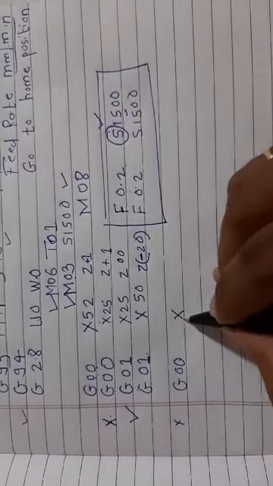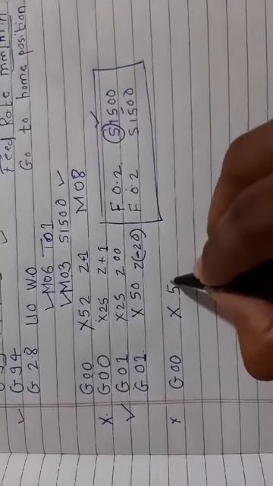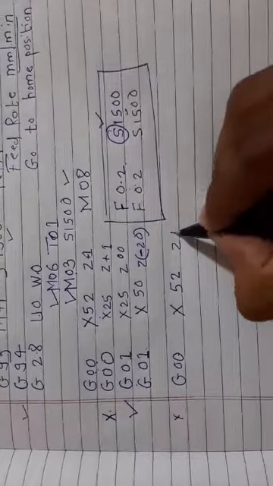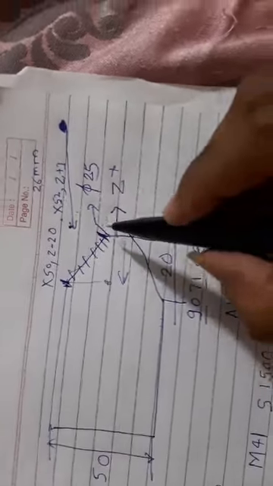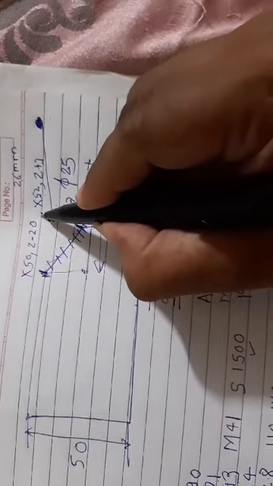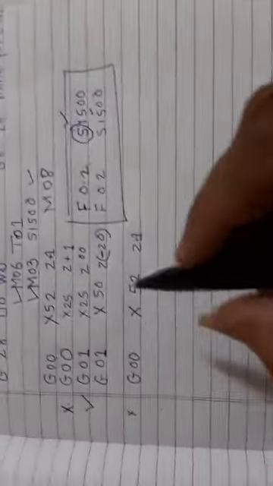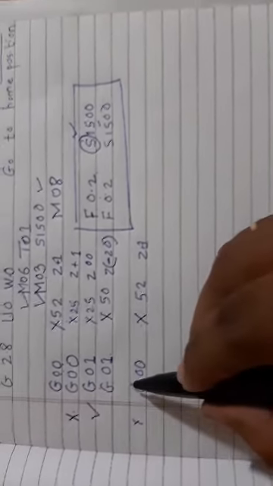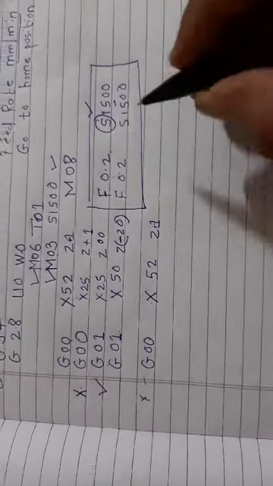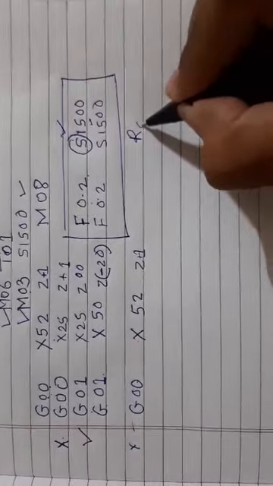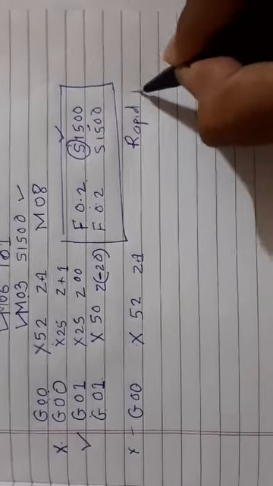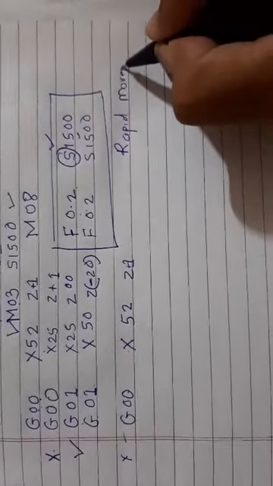Once again I will write X52 and Z plus 1. So once again the tool is at this position, it is just near to the workpiece. Now this is what a rapid movement of the tool. This is a rapid movement. I will write here rapid movement.